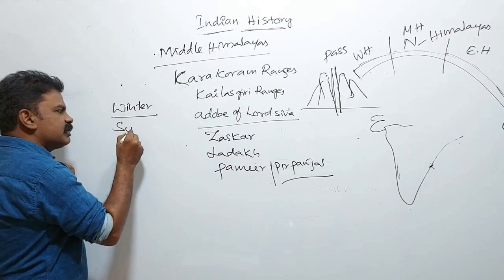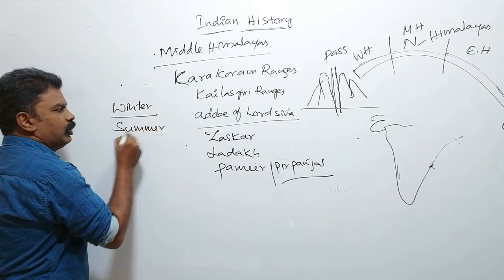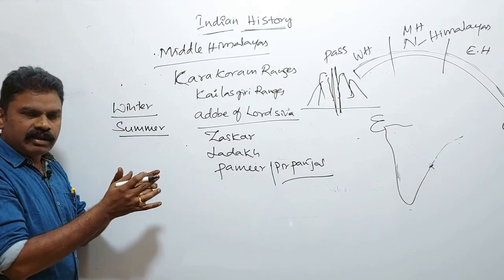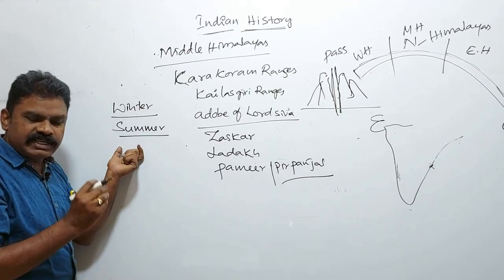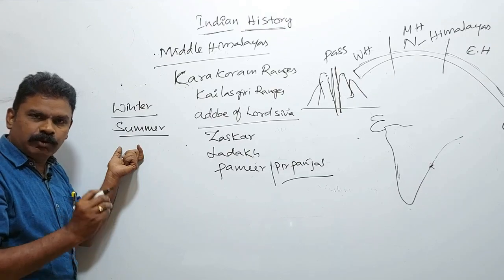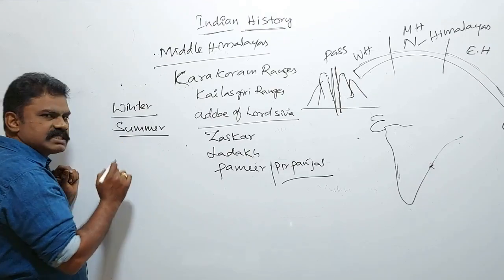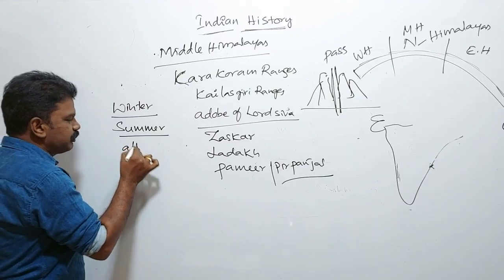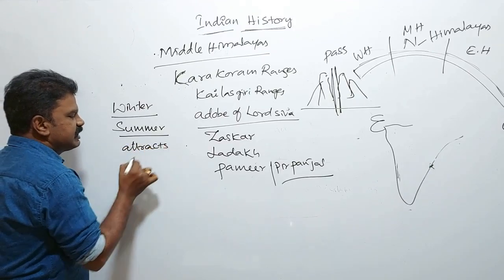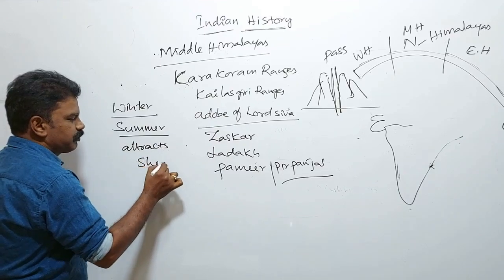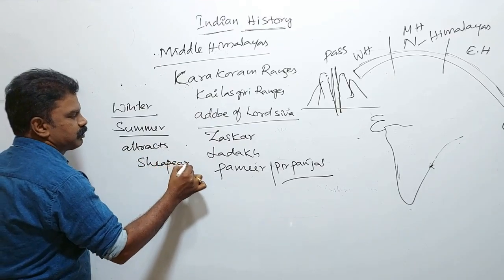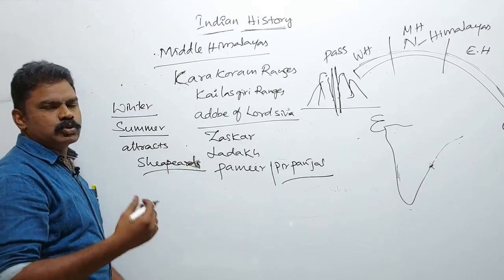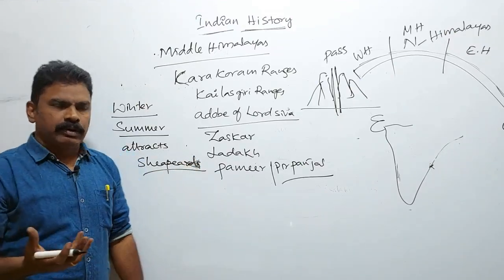Next, coming to the summer. During the summer time, they used to stay there. This is a transmitting center of Buddhism during the summer. The summer area attracts the shepherds, the people who are rearing sheep.